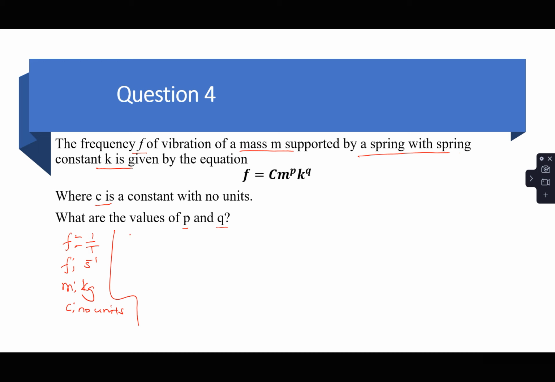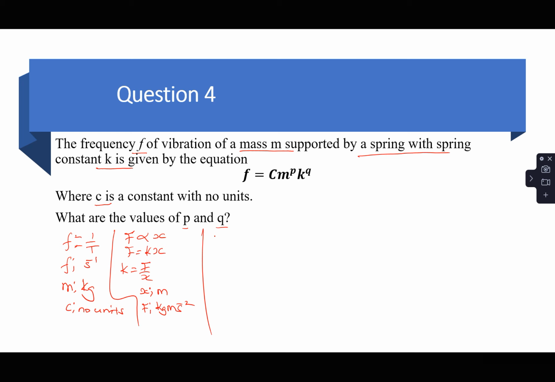From Hooke's law, the force is directly proportional to the extension x. So the force is equal to the spring constant times x. So k is going to be the force divided by the extension. We know that extension, the base units will be meters because it is a distance or a length. Then we have already seen that force is mass times acceleration. So this will be mass, kilogram, acceleration, meters per second squared.